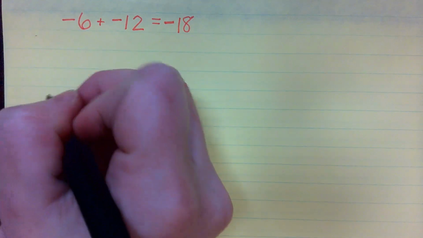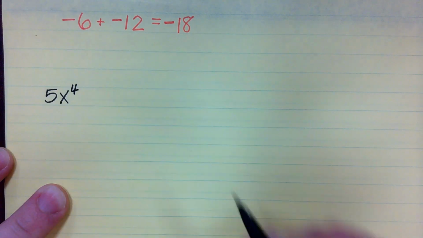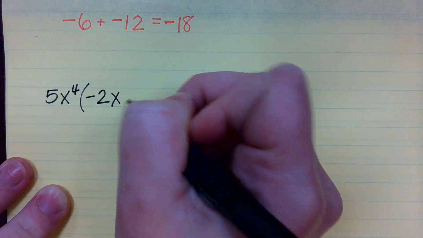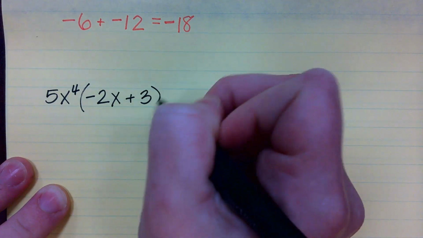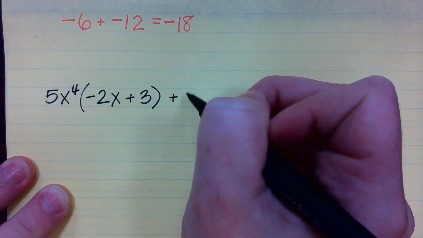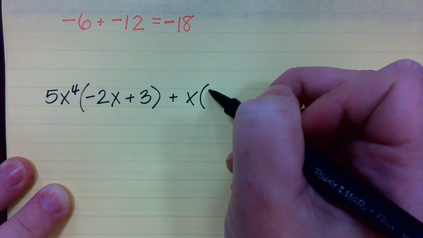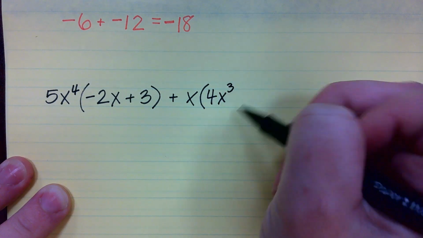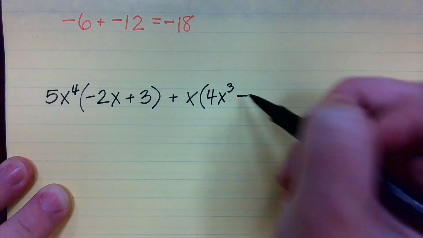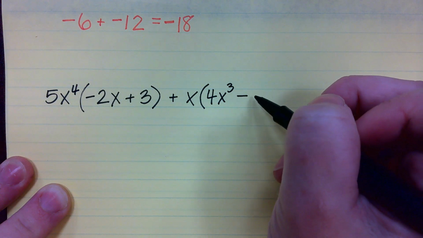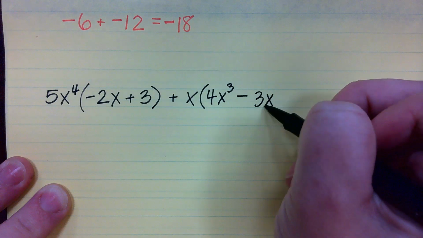Okay, all right, so let's try 5x to the fourth power times negative 2x plus 3, plus x times 4x to the third power minus 3x.